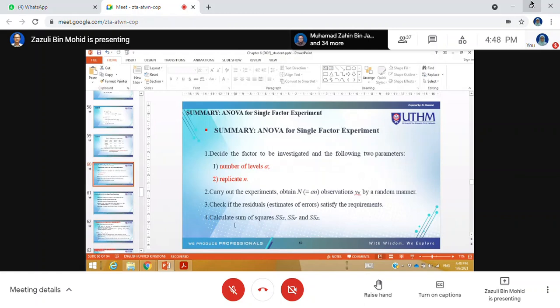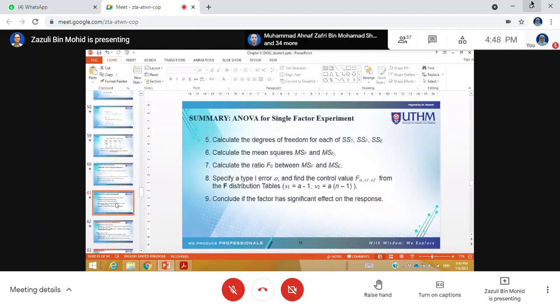So check if the residual, which is the estimate of error, satisfies the requirement. Calculate the sum of square, then calculate the degree of freedom, calculate the mean square, calculate the F0, and then compare it with the value from the table. If you design your own experiment, you might choose alpha 0.05, and from the value you have, you can make a conclusion whether the factor has a significant effect on the response.